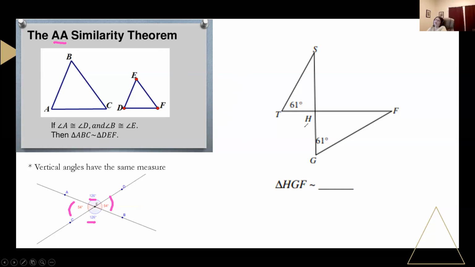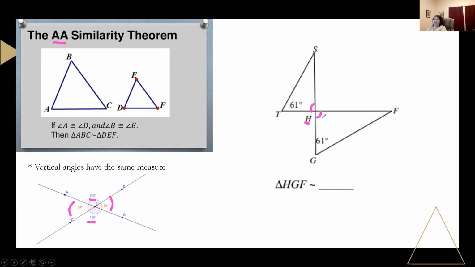Do you see in this case here, do you see any vertical angles? Do you see that these two are vertical right there? They're across from each other and they made that X. So we know that both of these H's, because I have an H right here, both of those have the exact same measure.